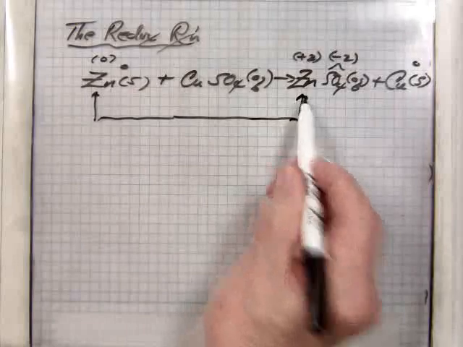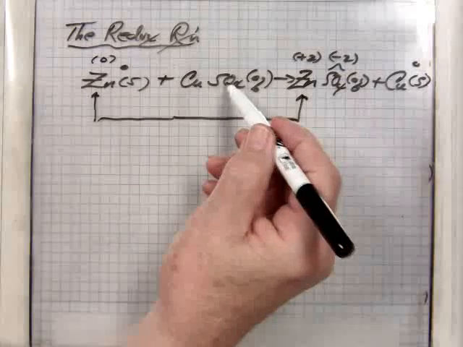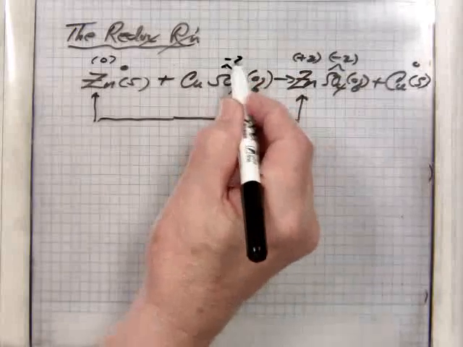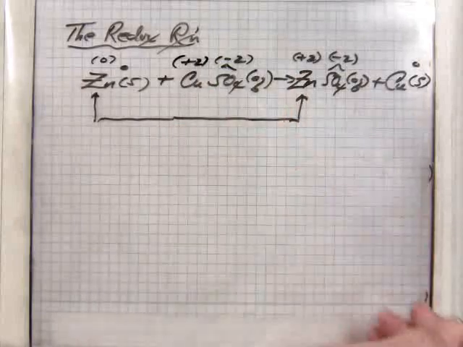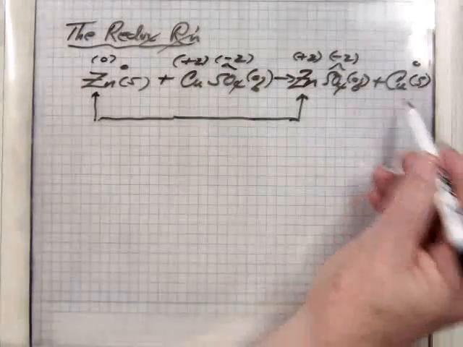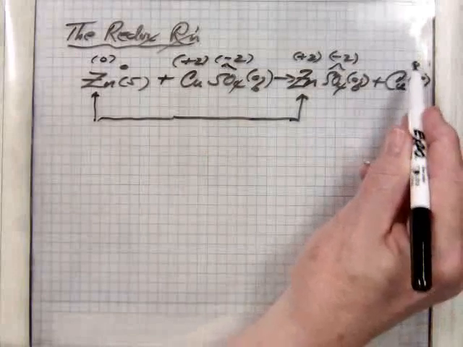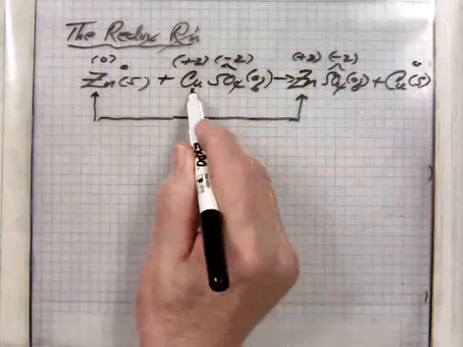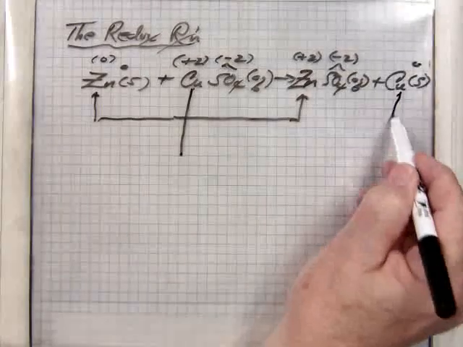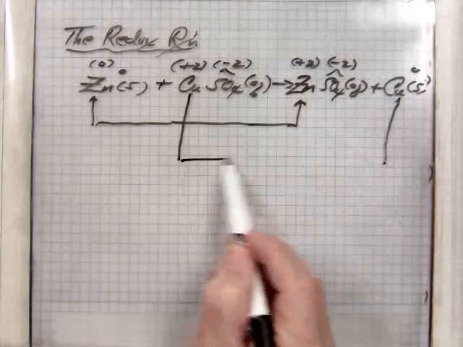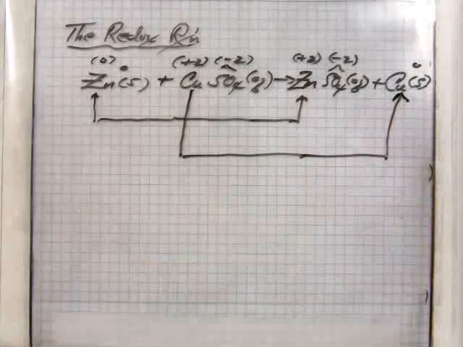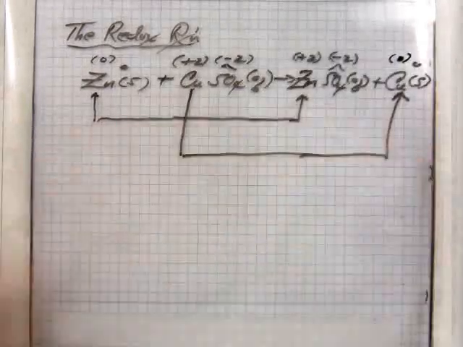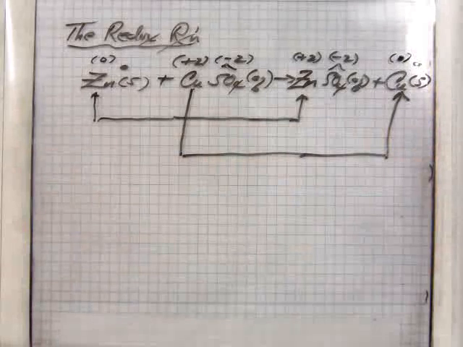So you see there is a change in oxidation state. Copper sulfate, well, of course, the sulfate is still a -2, and the copper in this compound must be a +2. Then it goes to copper in the neutral form, as shown by the superscript 0 right here. Goes to a 0 oxidation state. So you can see how the oxidation states are in fact changing as we go through the chemistry.